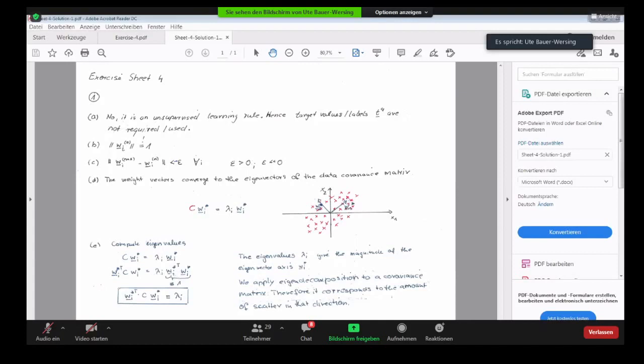So we have the weight vector transpose times the weight vector, and we know that this is 1, because we have normalized weight vectors. So given this equation, taking the weight vector transpose times the covariance matrix times the weight vector gives us the eigenvalue for this eigenvector w_i.